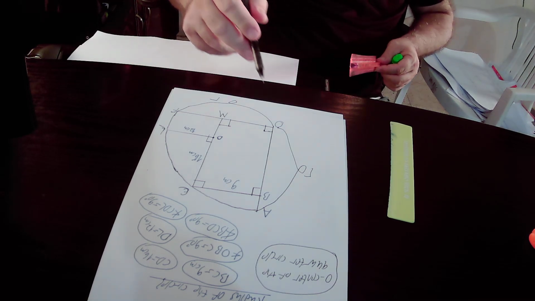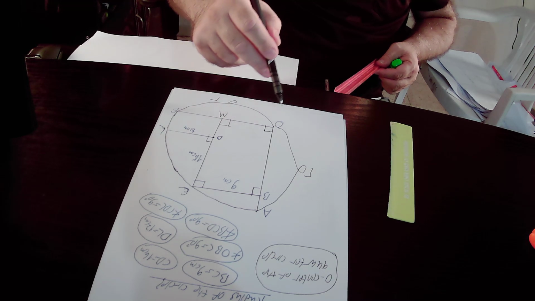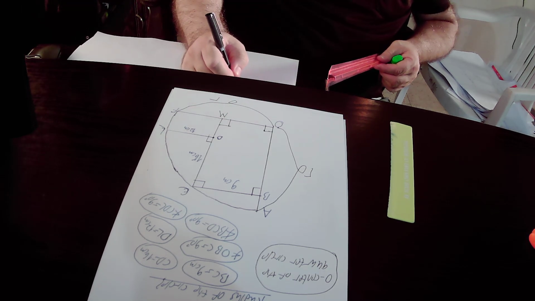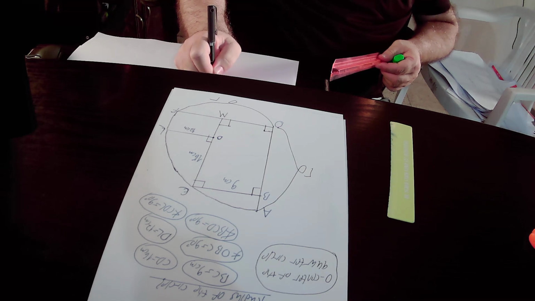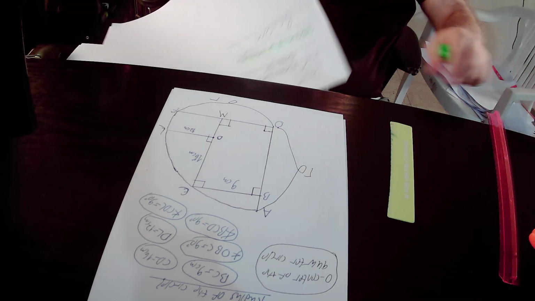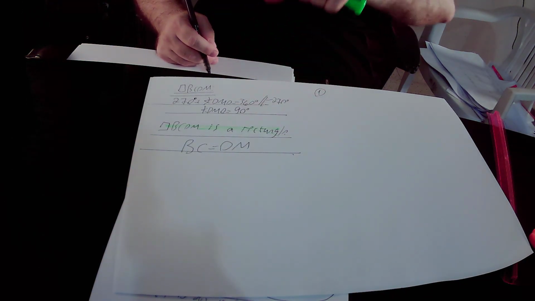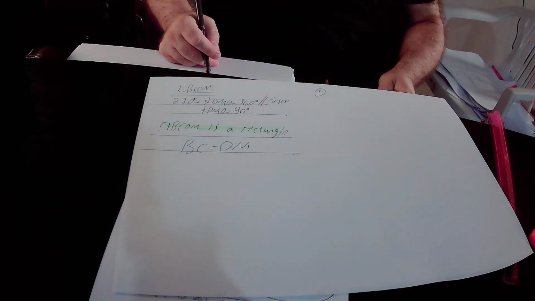That is to say, side BC must be equal to side OM, according to the rule that the opposite sides of a rectangle are equal to each other.